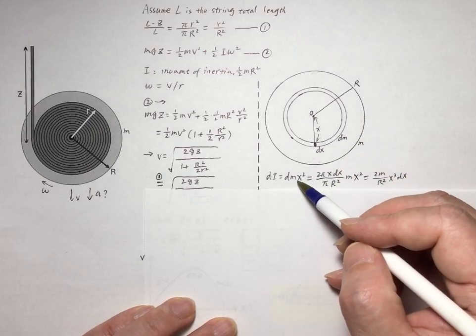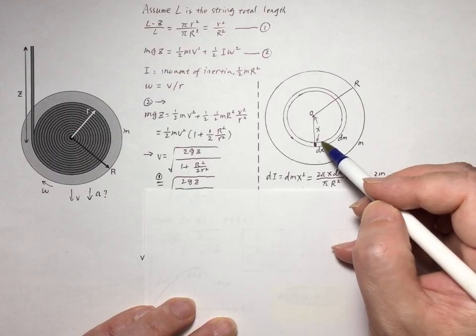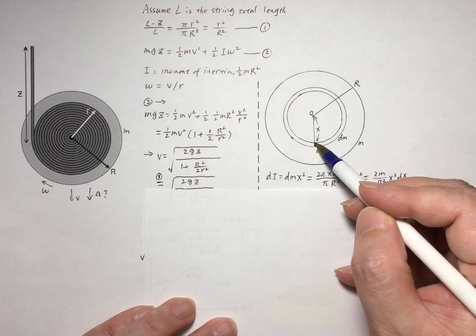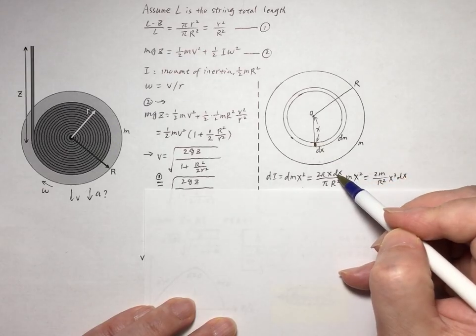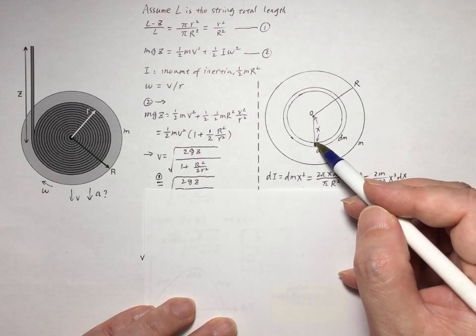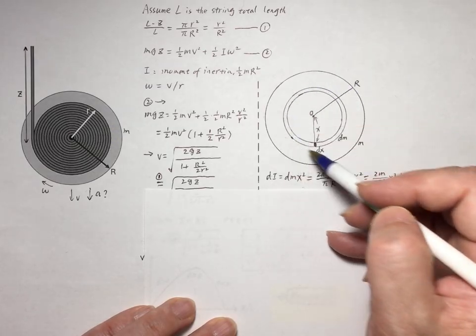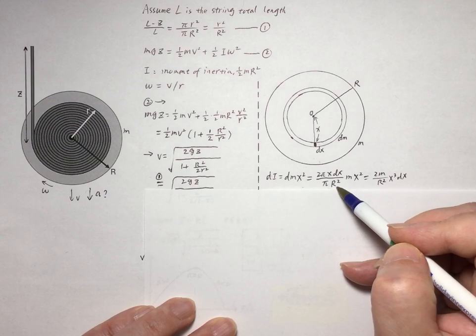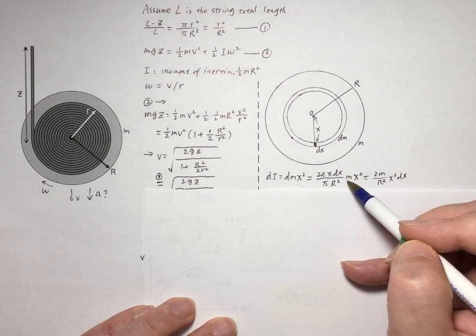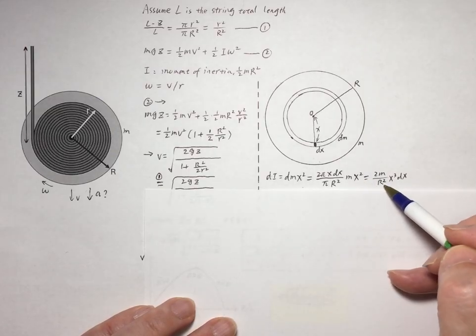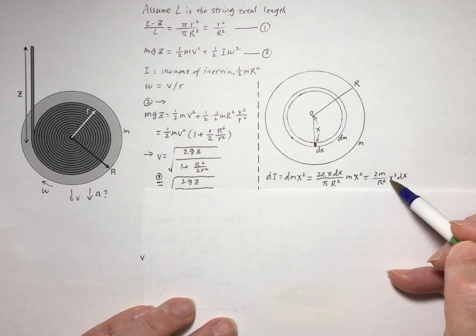dm is the ring area, which is 2 pi x times the width dx, over the whole area of the yo-yo, pi r squared, multiplied by the total mass m. With x squared, we simplify to 2m over r squared times x cubed dx.